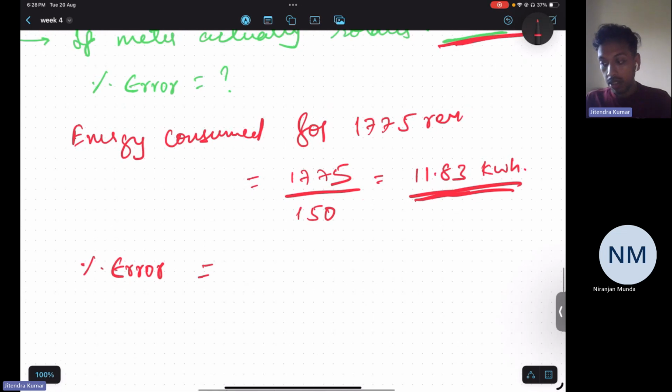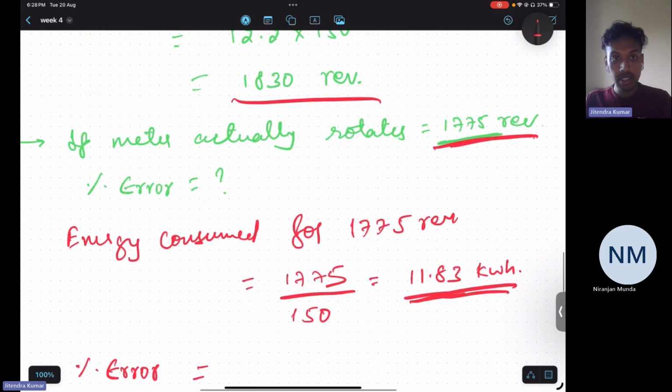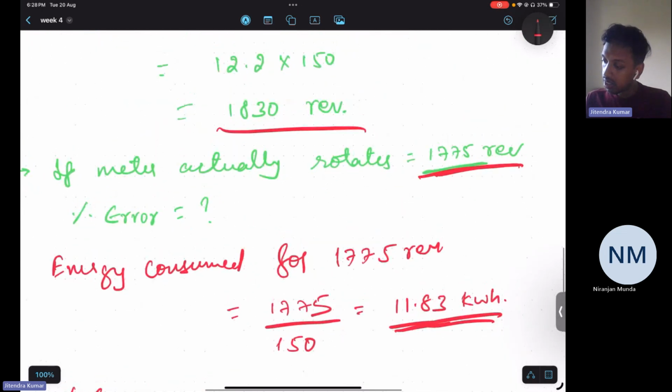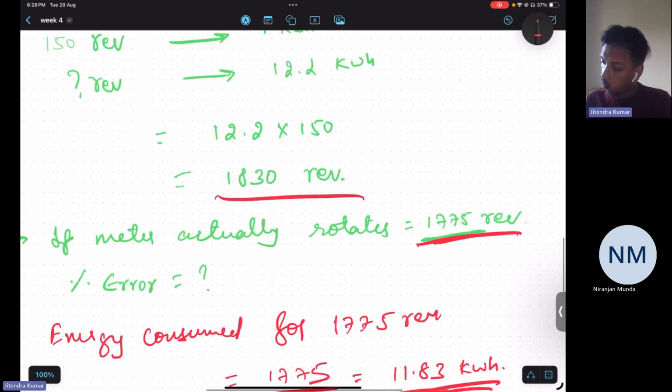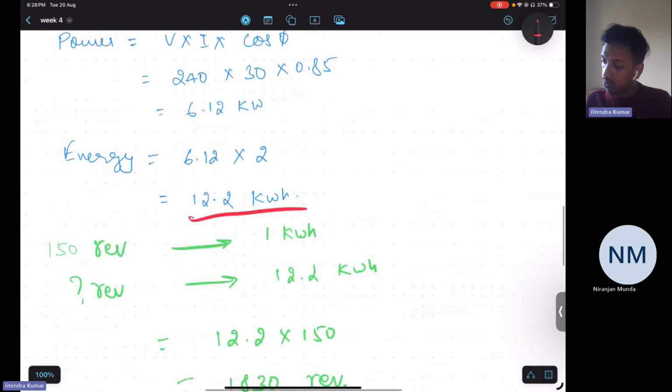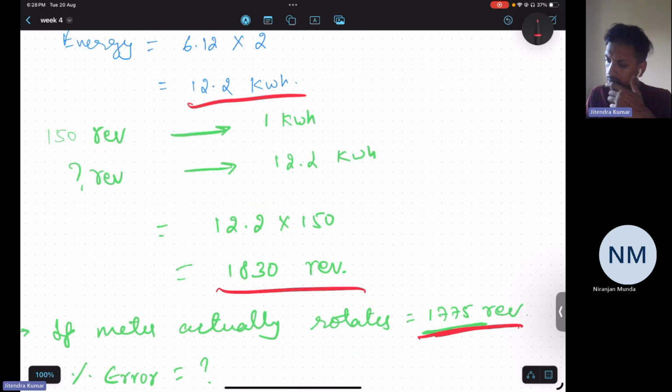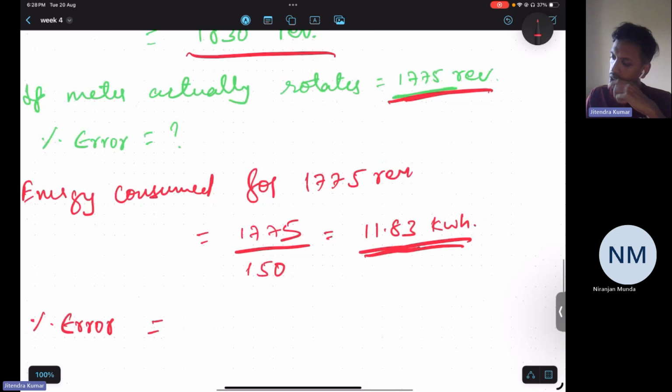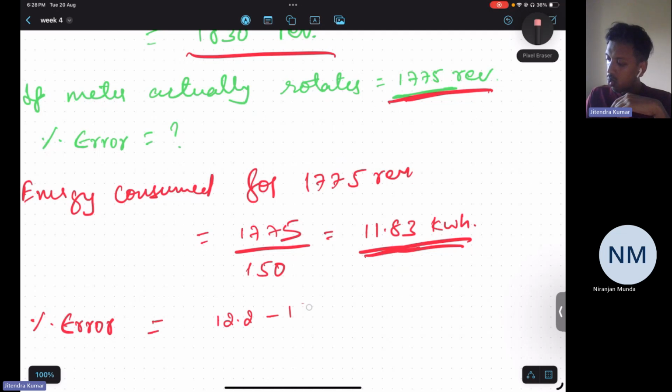Measured is 12.2 kilowatt hour minus 11.83, actual, divided by 11.83.